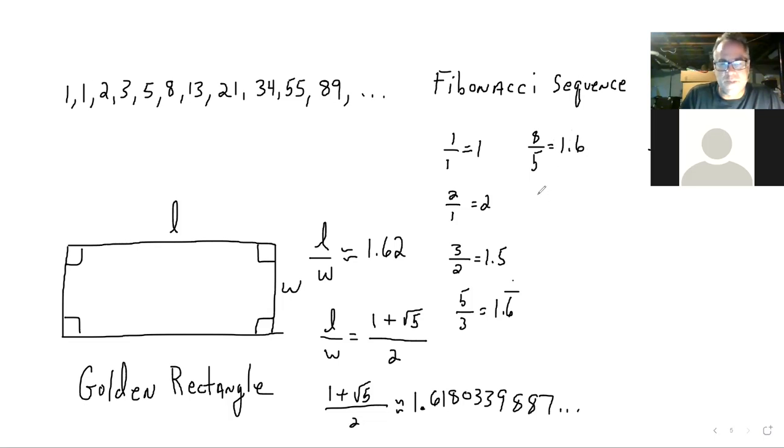So the next one after that, I'm going to go 13 over 8. So 13 divided by 8, 1.625. Next one after that, 21 over 13. All right, 1.61538462.